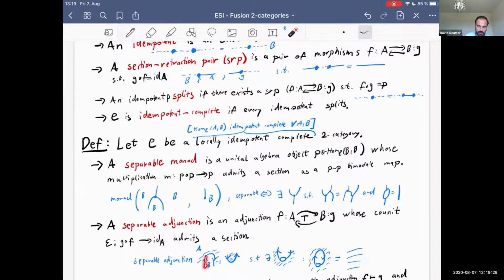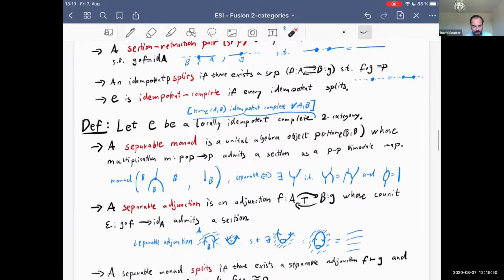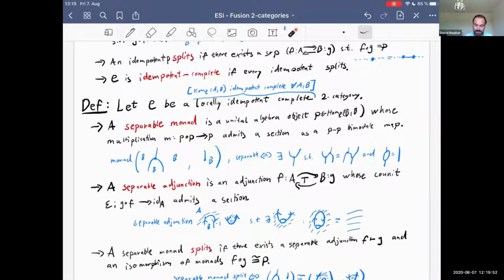It's an adjunction, so we have a right-turning wire and a left-turning wire, and another right-turning wire in the other direction, which fulfill the adjunction equations, these snake equations that most of you will be familiar with, such that there exists one of these splittings. So there exists a map like this, such that I can fulfill this equation. And now a separable monad splits if I can glue it together from a separable adjunction.